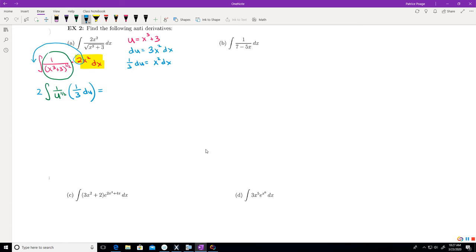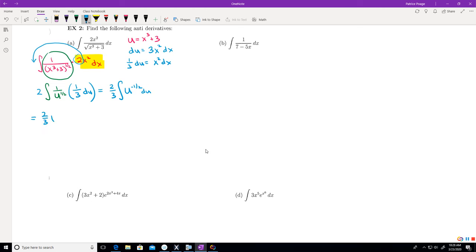I already have a 2 out there. If I pull 1/3 out there, I would now have a 2/3. I'm going to bring this u to the top. This is not going to be a natural log answer because it's not u to the 1. It's u to the half. So I'll bring it to the top and make it negative half. And now I'm going to integrate.